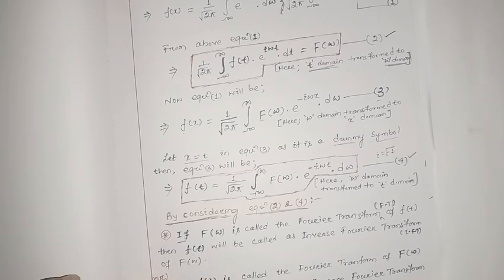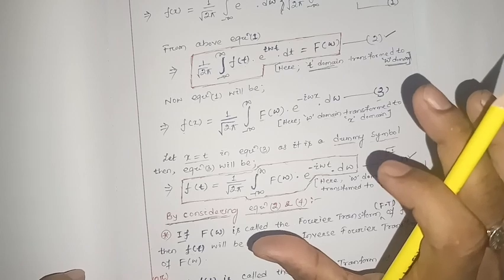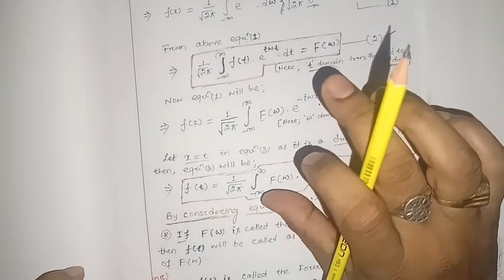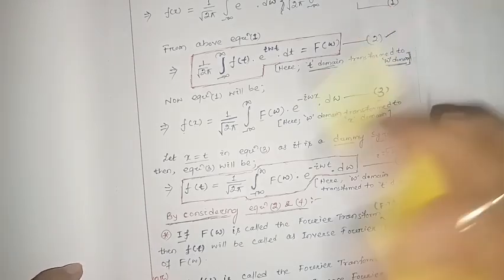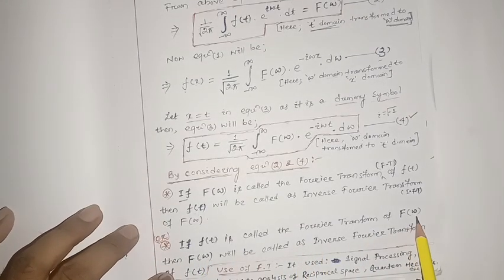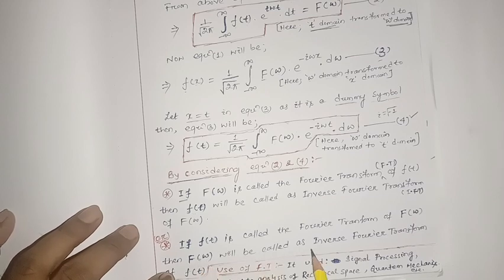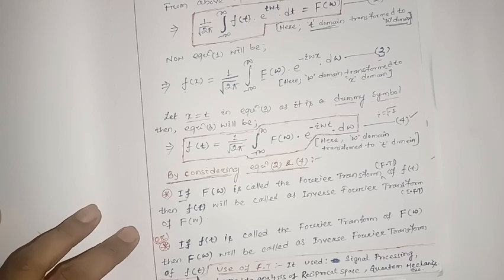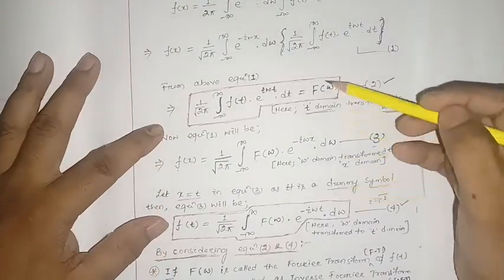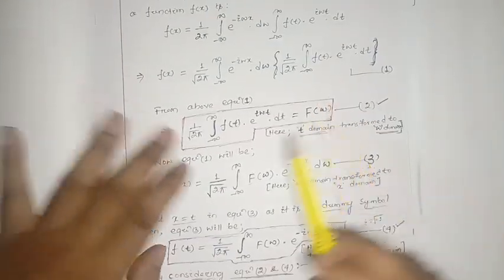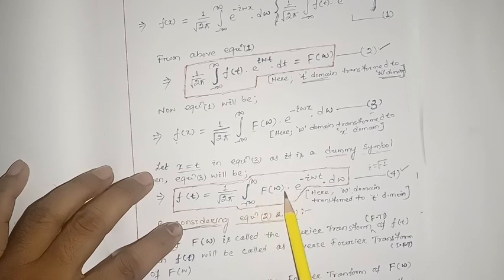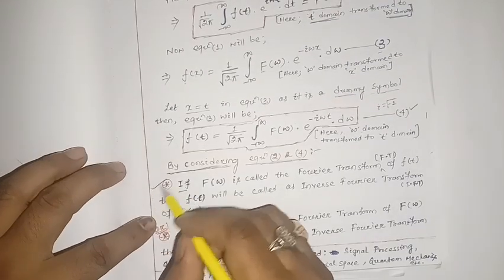Okay, see, if we have two equations, suppose equation 2 and 4 I have, then we can say one is another's Fourier transform or vice versa. Here same thing I have written, if small f of t is called the Fourier transform of capital F omega, then capital F of omega will be called the inverse Fourier transform of small f of t. Okay, so if we have the two equations, then we can say that this is the Fourier transform of this one, and this is your inverse Fourier transform of this capital F of omega, what I wrote in the first point.